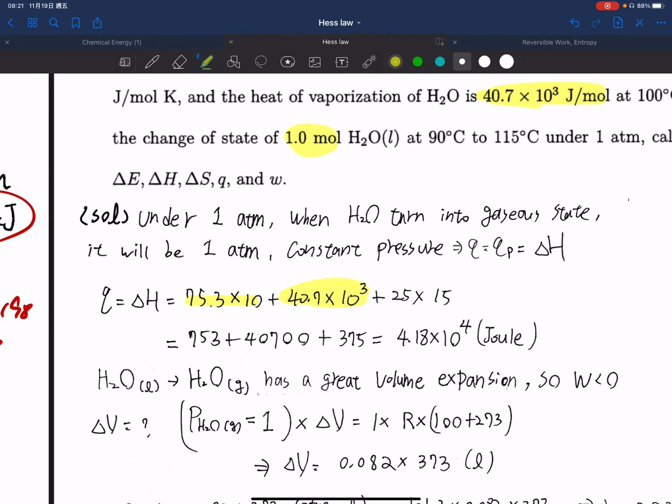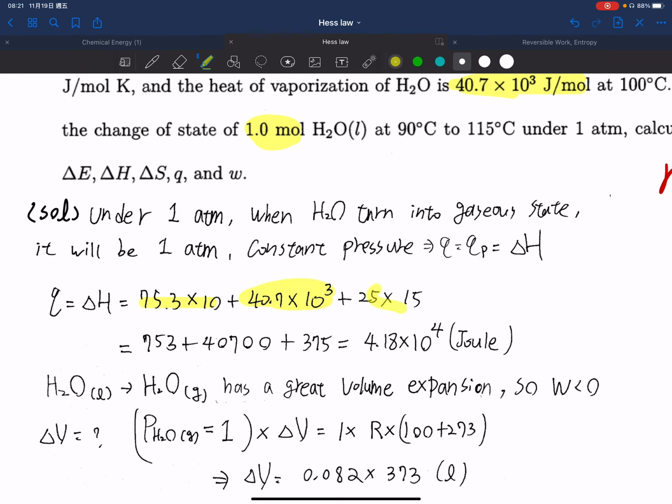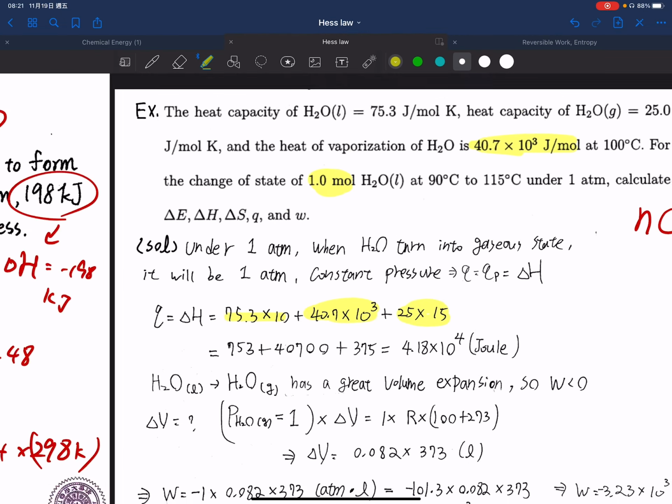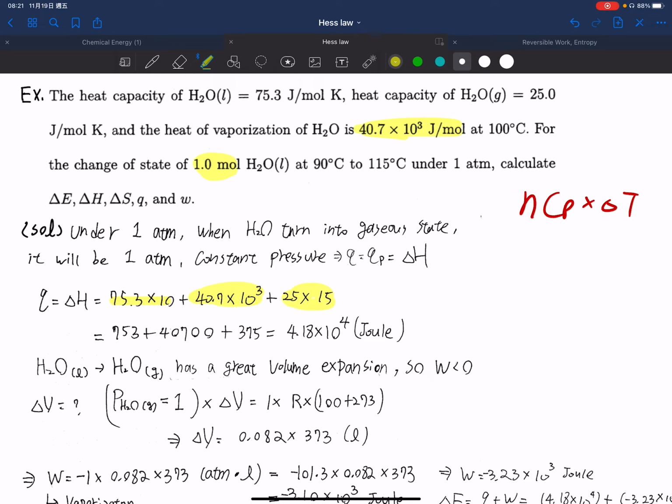The last part is you add some temperature when you're in a gaseous state. So Q, heat, and enthalpy should be calculated very easily over here.